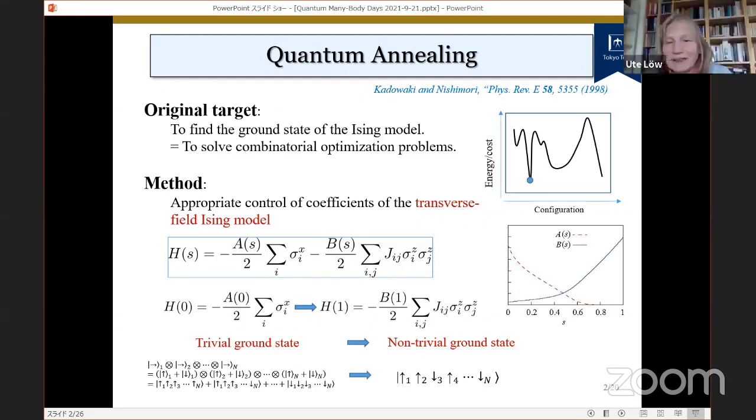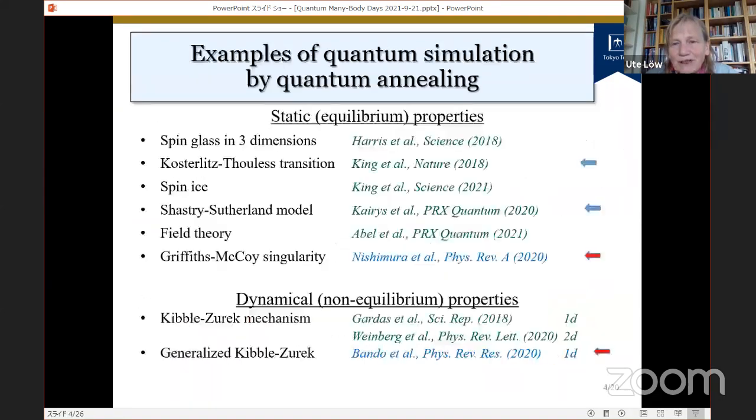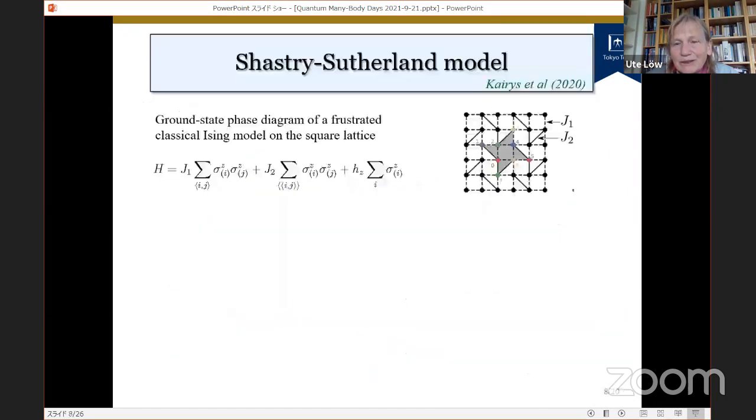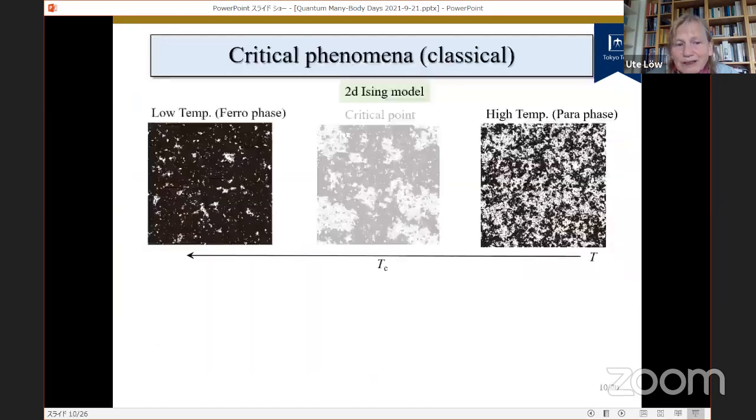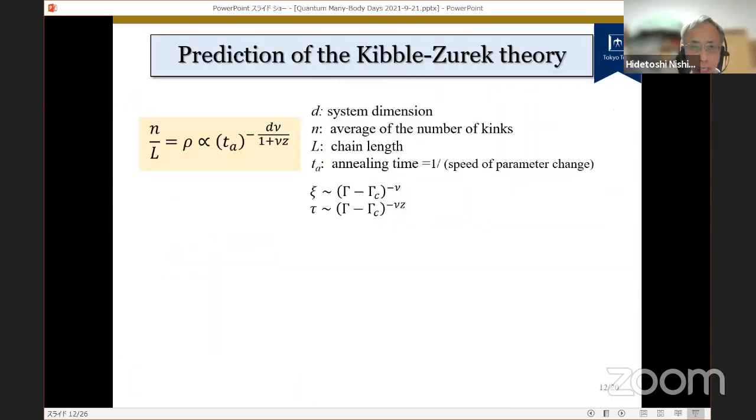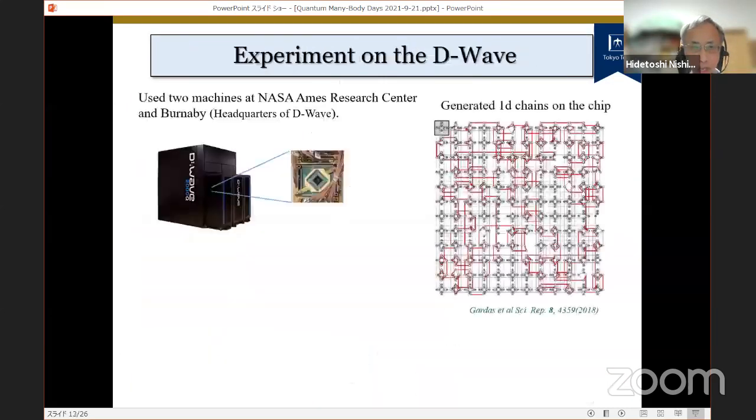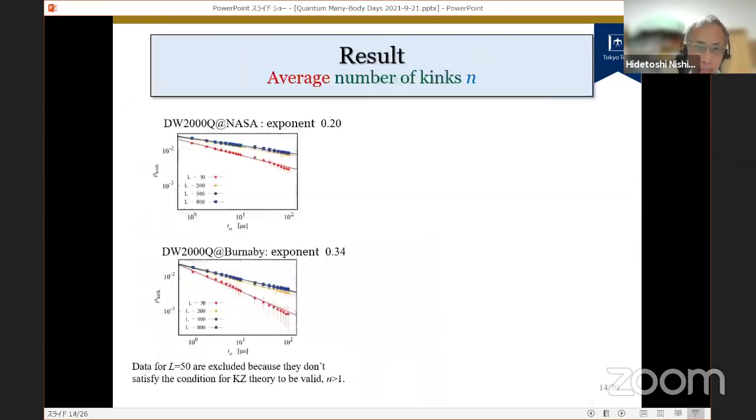Is it possible to make a sort of finite size scaling analysis by taking, say, half of the machine and then the full machine, and then comparing the two? Well, as long as the Kibble-Zurek mechanism experiment is concerned, all data except for the 50 qubit system lie almost on the same curve.